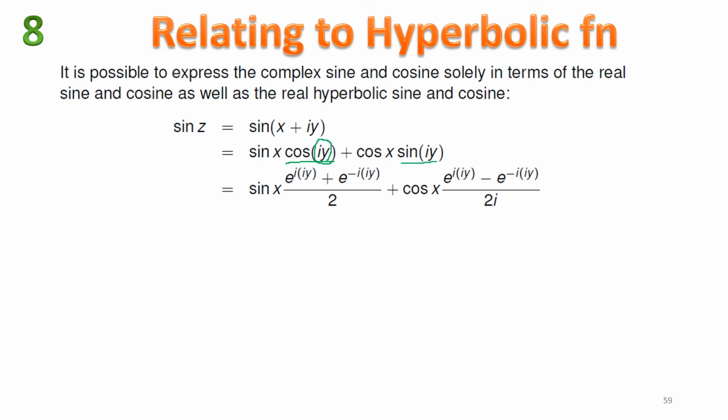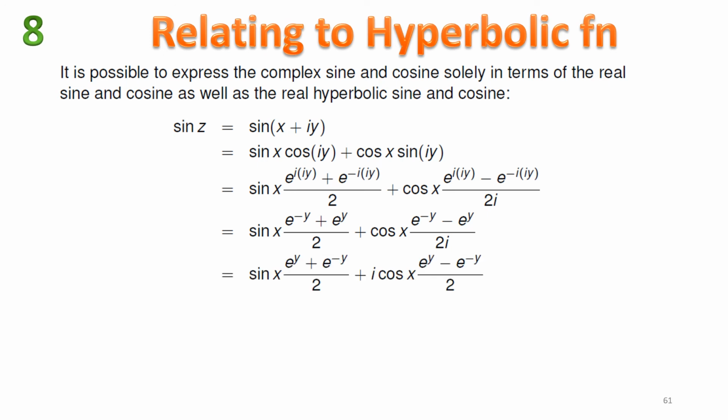Similarly, sine of iy will be e to the i times iy minus e to the minus i times iy upon 2i. So here we can use i square as minus 1, and we get e to the minus y plus e to the y upon 2, and here e to the minus y minus e to the y upon 2i.